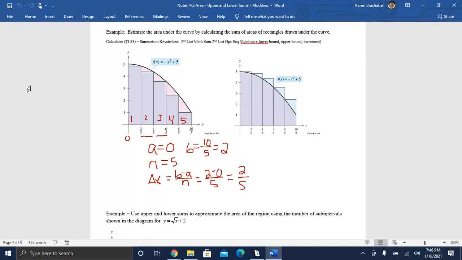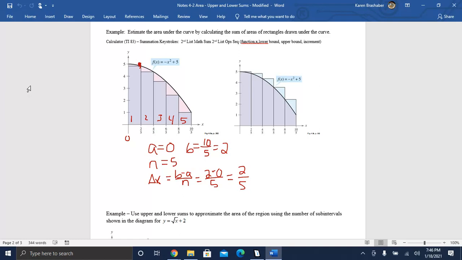So the height of each one, now I want you to be paying attention to where the rectangles are drawn. Notice that this first rectangle, the right end point of this vertex is actually on the curve.